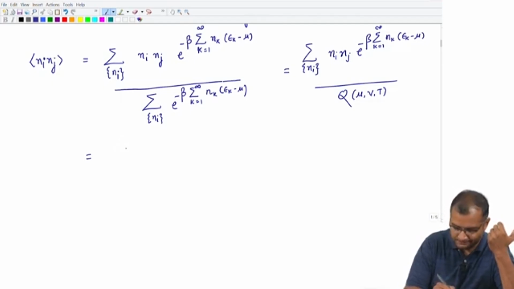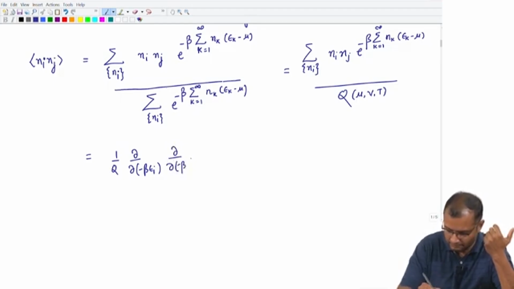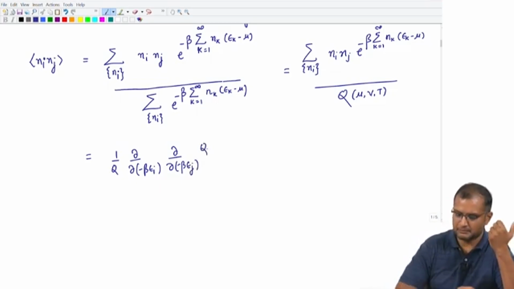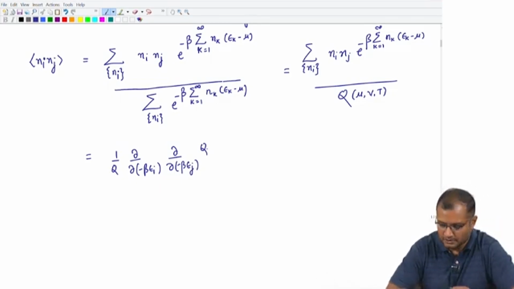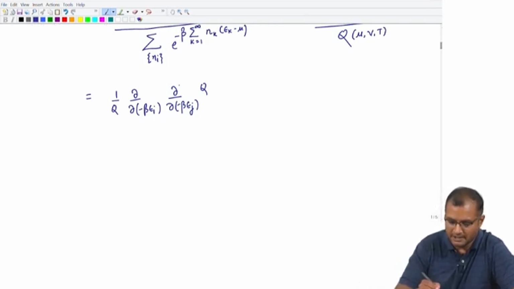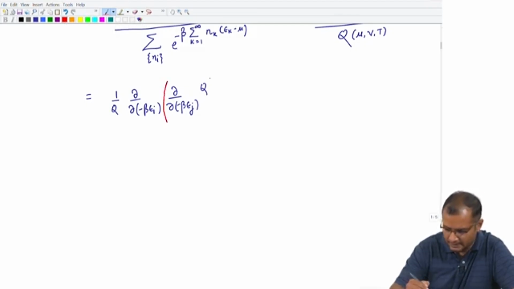So, this is like 1 upon q. Okay. So, the innermost derivative can be easily replaced by something that you already know. Okay. So, let us replace the innermost derivative.